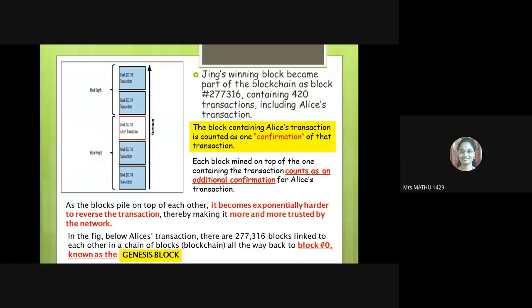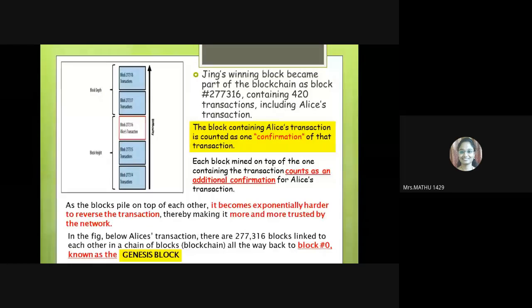When 317 is linked with 316, it means that when this is confirmed, 316 is confirmed again. So the transactions present in 316 are confirmed once more. Only then will they be able to validate this block.